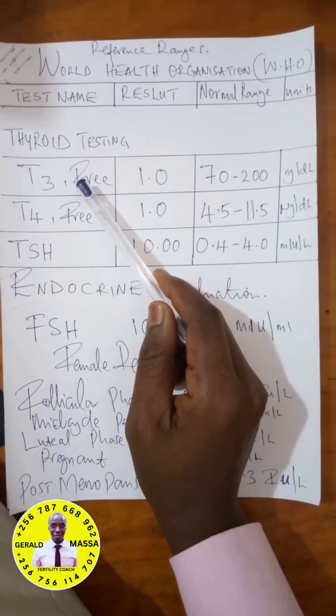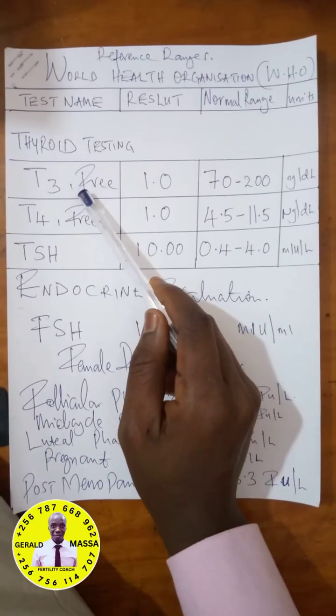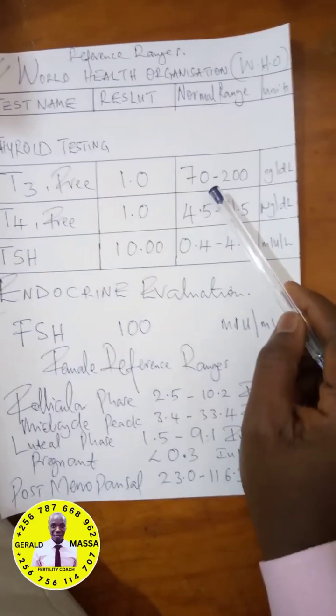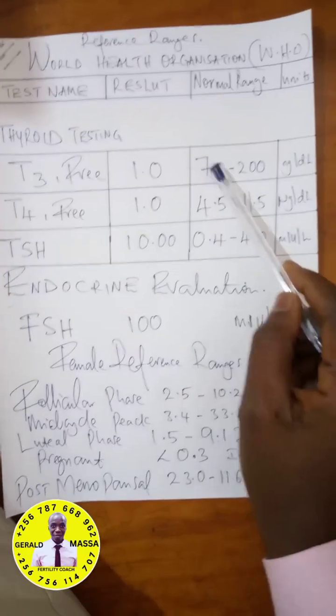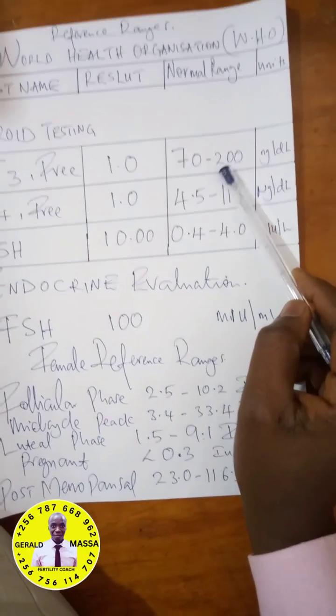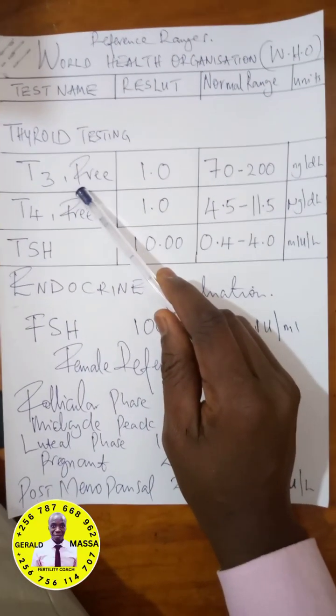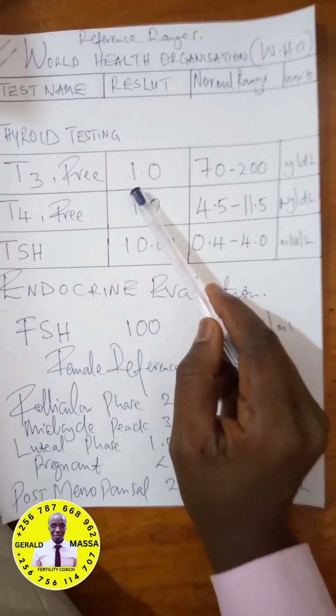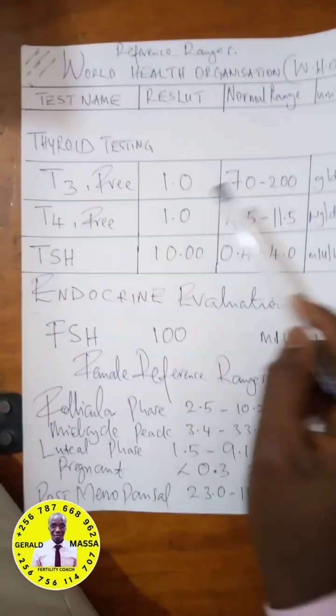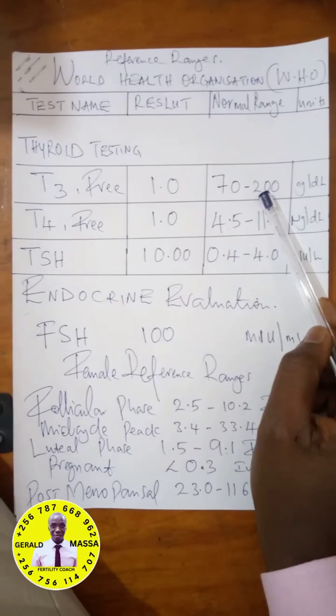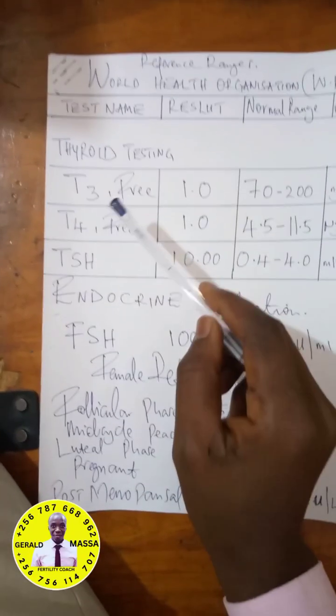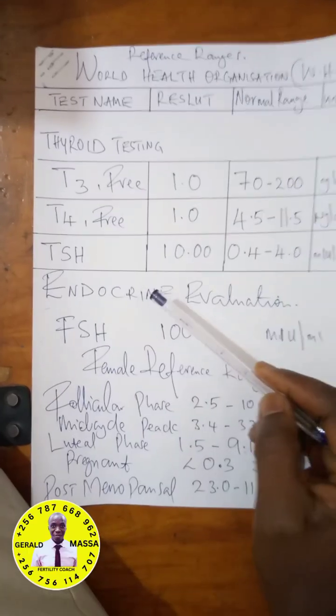It is underperforming. And instead of releasing normal levels of T3, which are supposed to be 70 to 200, it is releasing T3 in levels of 1.0. This means that there's a problem. The thyroid gland is not responding to the effects of TSH.